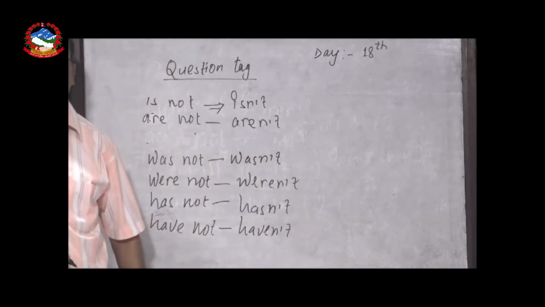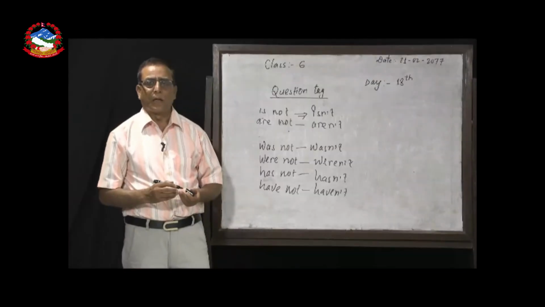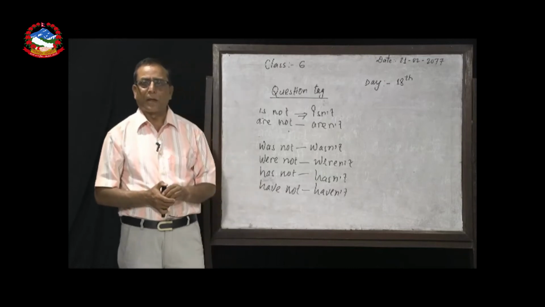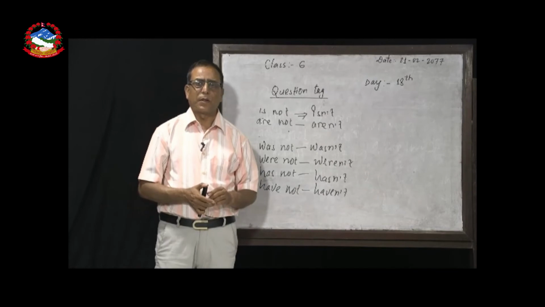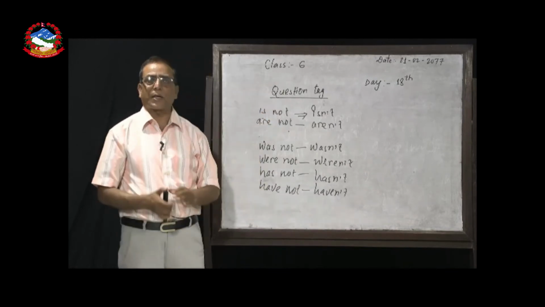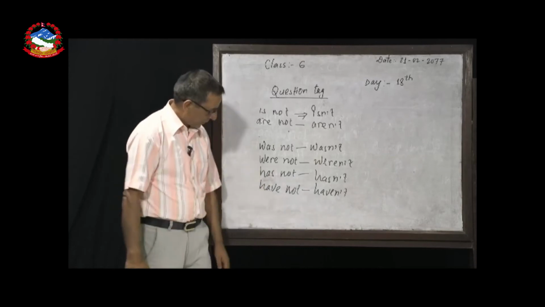It is the subtracted form of auxiliary verbs. Now, had not, hadn't; cannot, can't; should not, shouldn't; and must not, mustn't. These are the subtracted forms of auxiliary verbs with not.